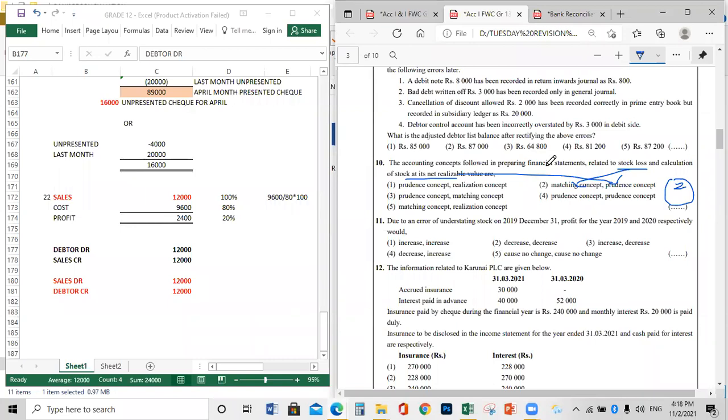Now go to question number 11. Due to an error understating stock on 2019 December 31st, profit for the year 2019 and 2020 respectively would be... So guys, they are telling us that due to an error of understating the stock on 2019 December, what is going to happen to the profit?